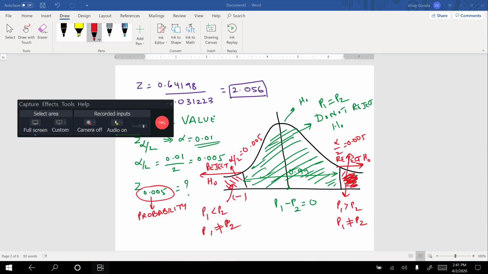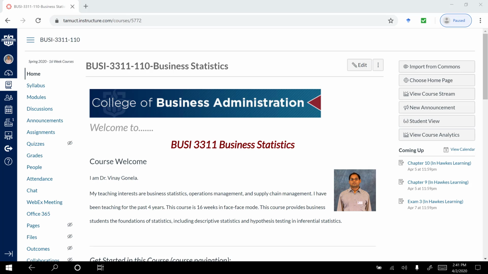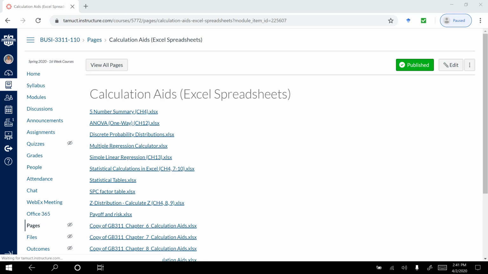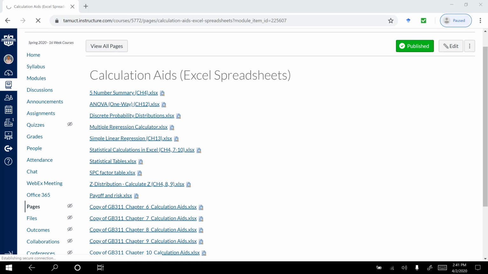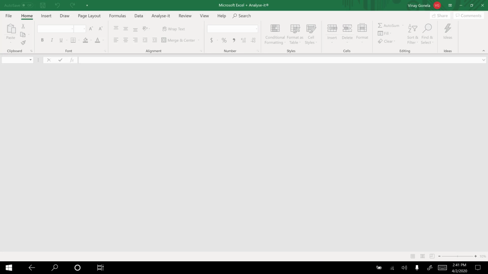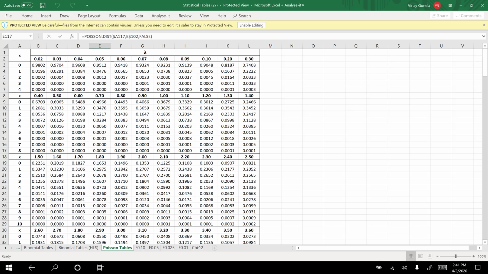So I will go to my canvas page and look for the z value at 0.005. Again I'm going to modules, then calculation aids, and then download statistical tables, and then enable editing.